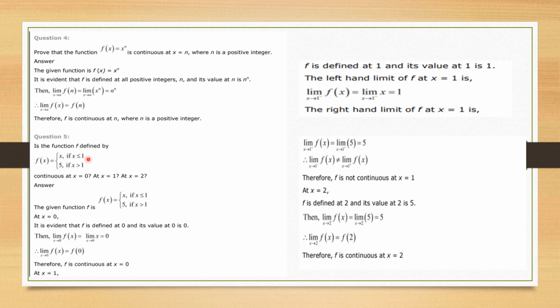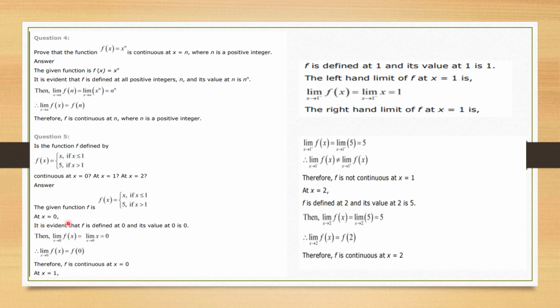Again, this is for different definings. You have to check it at 0, 1 and 2. If you remember, in your class 11 we also did it. At x equal to 1 it is defined. What is at x equal to 0? The defining which is at x less than 1, x itself.